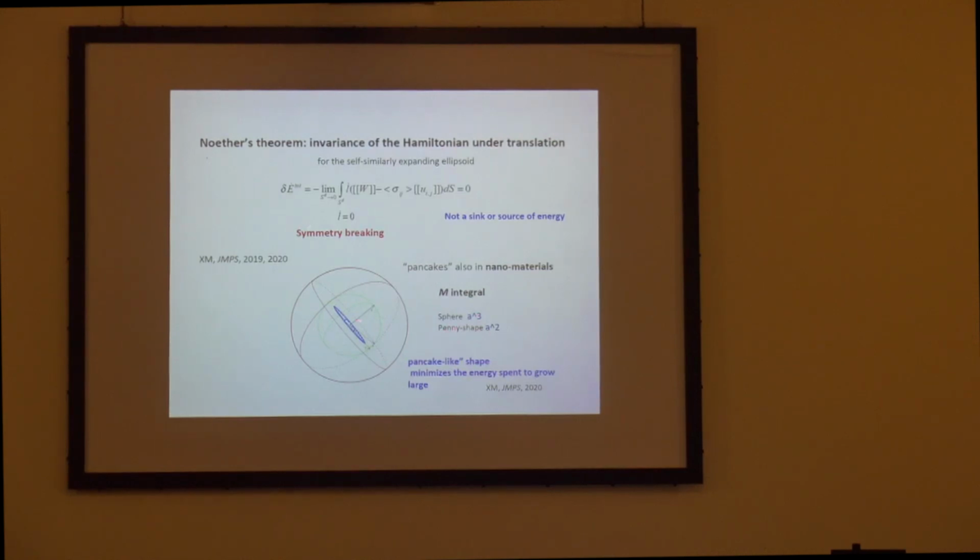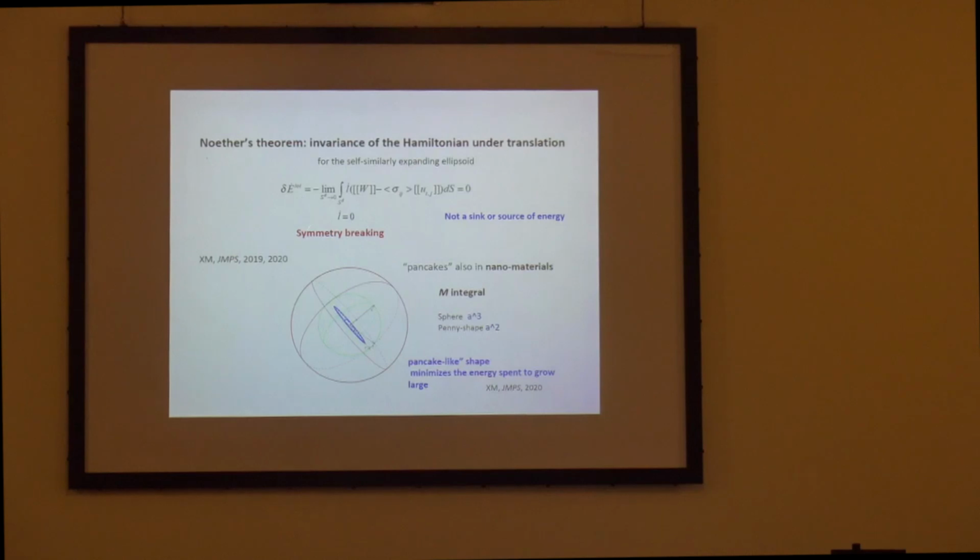For the penny shape, a flattened ellipsoid, it goes as A squared. As A goes to zero, you spend less energy to nucleate a sphere. But as A goes to infinity, you spend less energy to grow the large pancake.